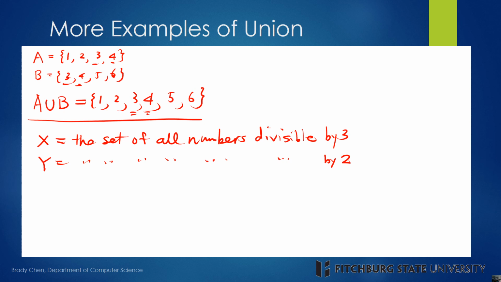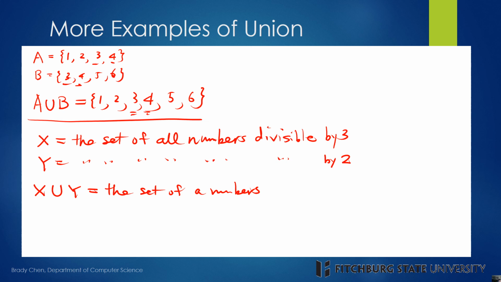Now what is X union Y? It's a set of all numbers, because remember the definition, you just combine all the possible elements from X and all the possible elements from Y together.